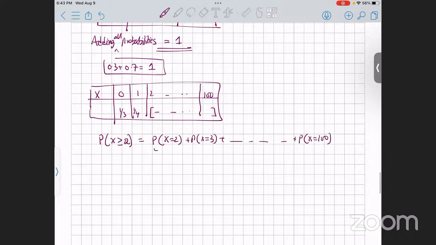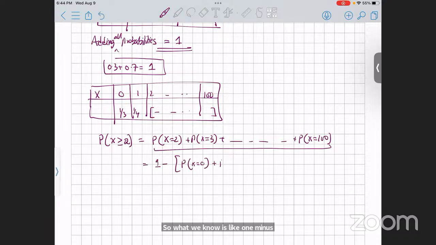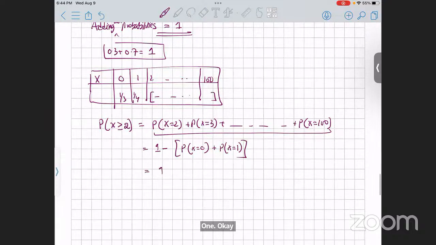We don't know all these values, they didn't give us. So what we know is 1 minus P of x equal to 0 plus P of x equal to 1, agree? So 1 minus 1 by 3 plus 1 by 4. It comes to 1 minus 7 by 12, that is 5 by 12. Clear, everyone?